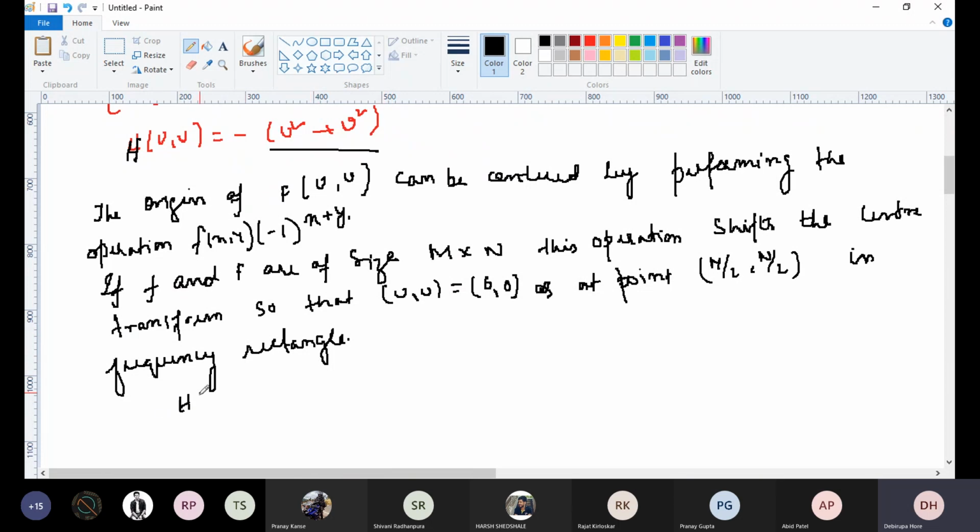Therefore, I can write H of u, v after transformation as equal to minus ((u minus M by 2) square plus (v minus N by 2) square).